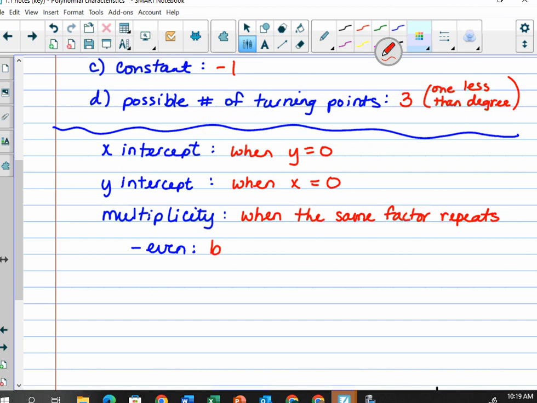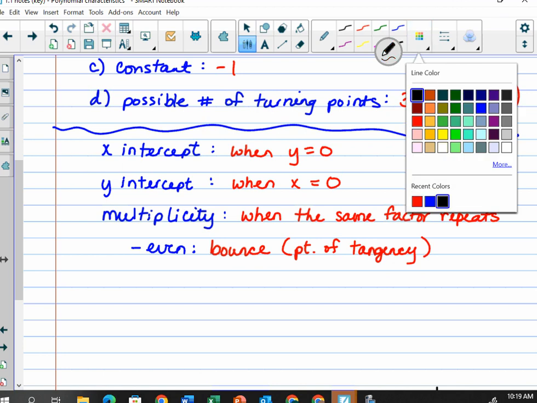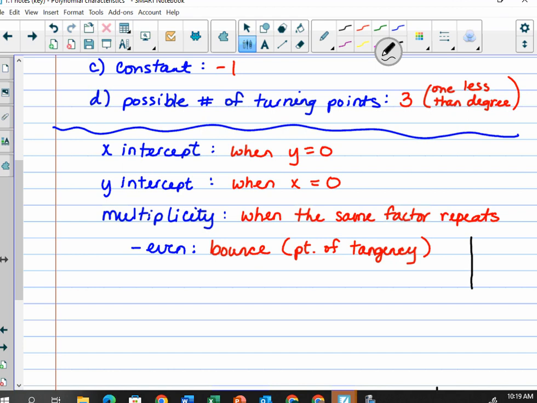So even creates a bounce, or point of tangency, and I'll draw you a picture. So your graph would come down, touch the x-axis, and then bounce and go right back up. Okay? That's what even multiplicity does.